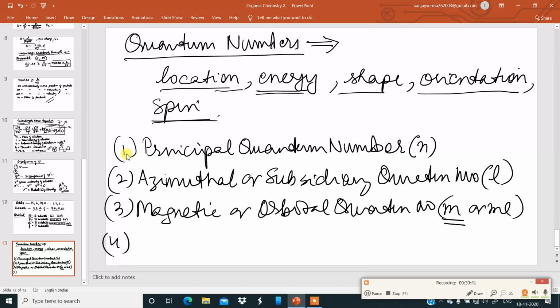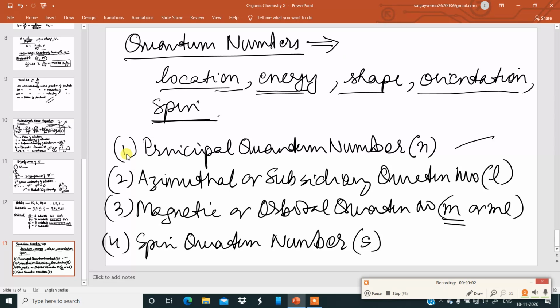The fourth quantum number is called spin quantum number, represented by small s. These are the four quantum numbers. The first is the principal quantum number, then the azimuthal or subsidiary quantum number, then the magnetic or orbital quantum number, and the spin quantum number.